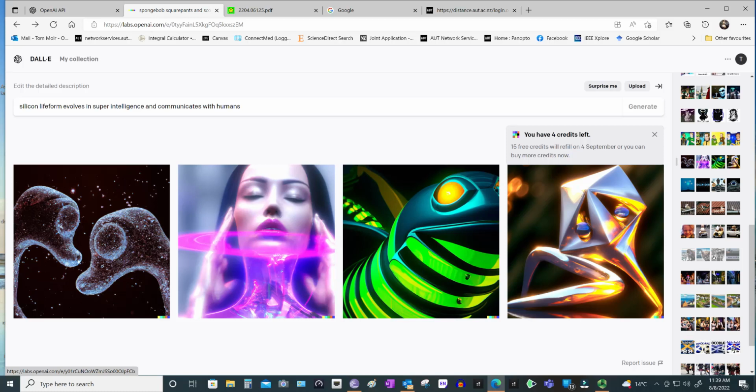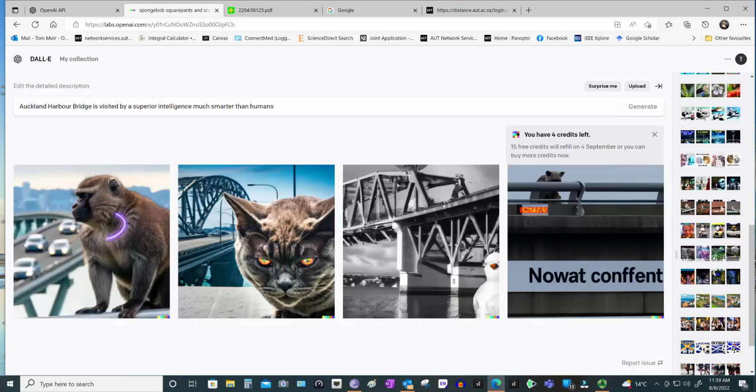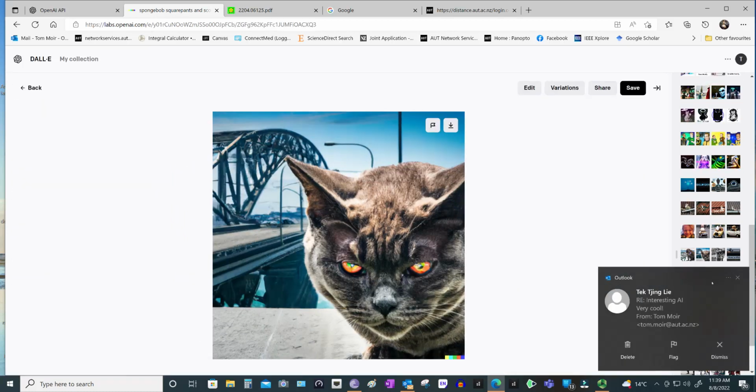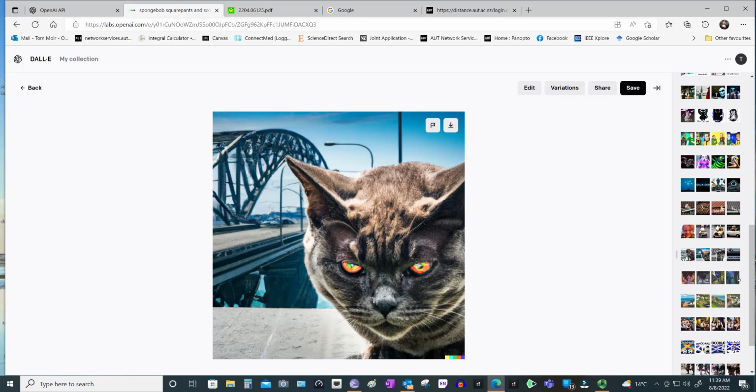Now this is the pièce de résistance, so to speak. This one, I like this. Auckland Harbour Bridge is visited by a superior intelligence, much smarter than humans. So let's have a look at that. There's our superior intelligence, and of course the artificial intelligence system knows that cats have got a much smarter brain than humans will ever have, and so it's obviously based its super intelligent being on a cat.